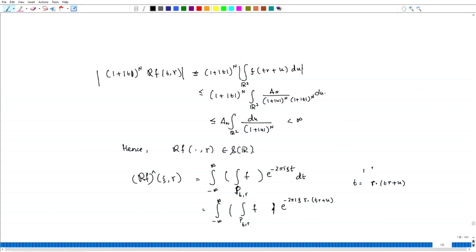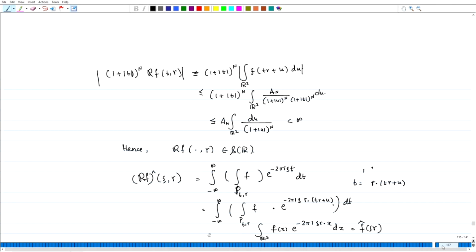Then we observe that this is the integral over R 3 of f of x e to the power minus 2 pi i xi gamma dot x dx, and this is nothing but the Fourier transform of f at xi gamma. Xi is a scalar.